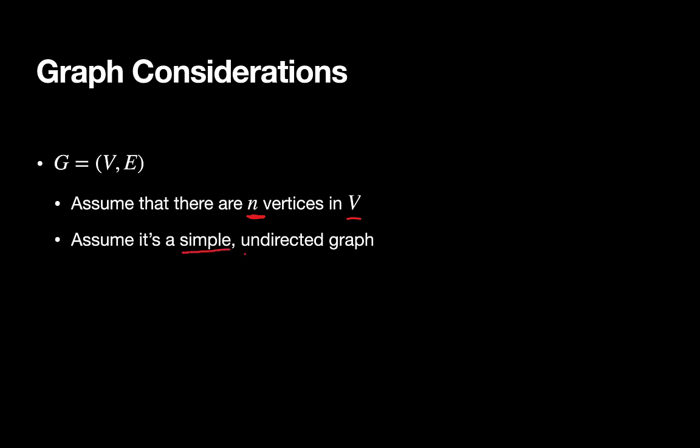It's both simple and undirected. So the edges connecting things do not have arrows. If it connects something, the connection goes both ways because it's an undirected graph. It's simple in the sense that there are no self-arcs, and it's not a multigraph.